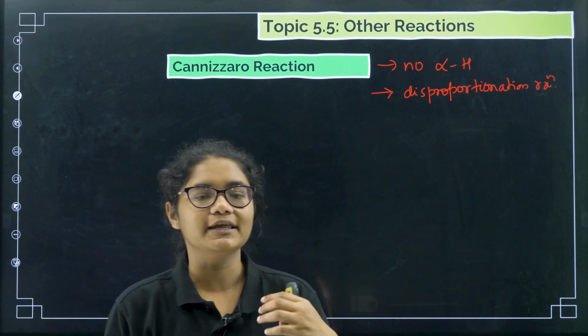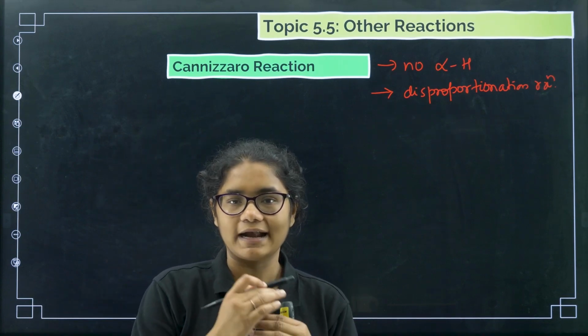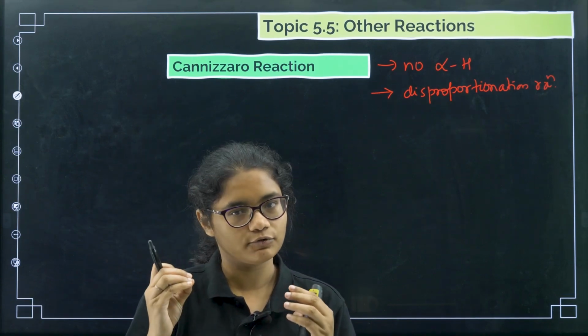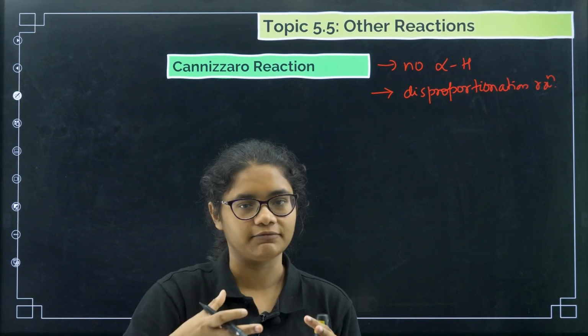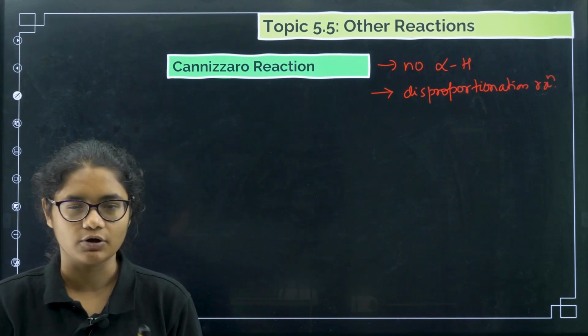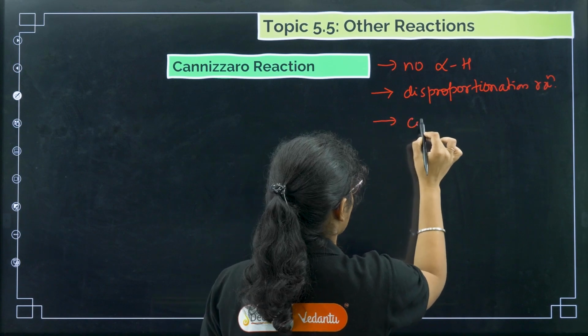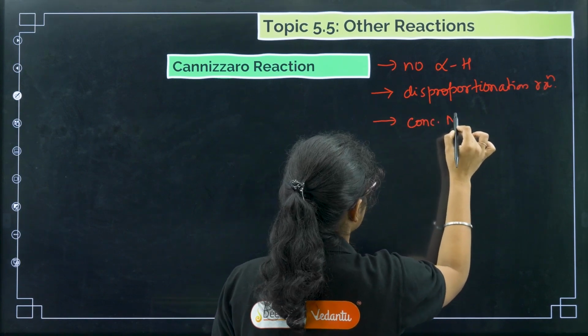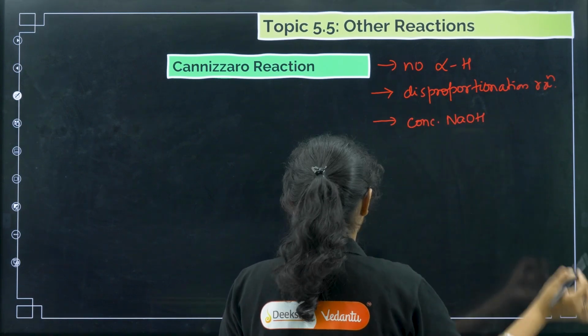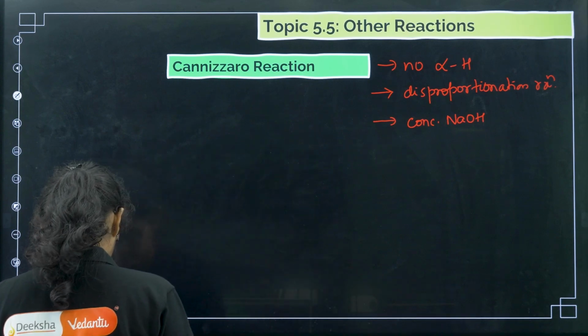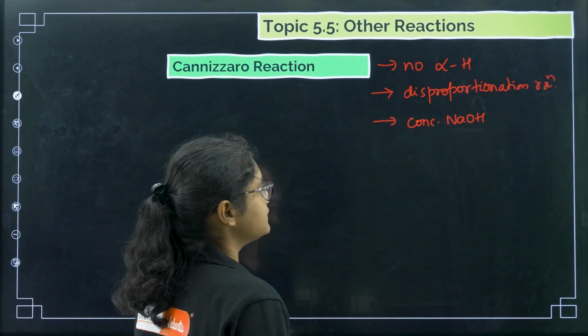So if you have any aldehydes, on reduction they will give you alcohols, and on oxidation will give you carboxylic acid or the salts of carboxylic acid. And what is the reagent required here? Concentrated NaOH. So remember, for aldol condensation we require dilute NaOH, but for Cannizzaro we require concentrated NaOH.